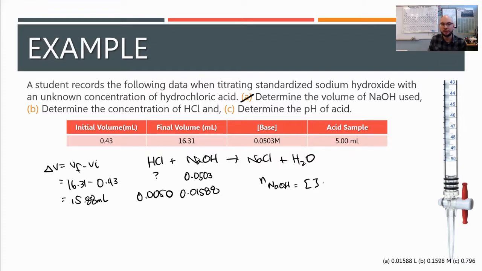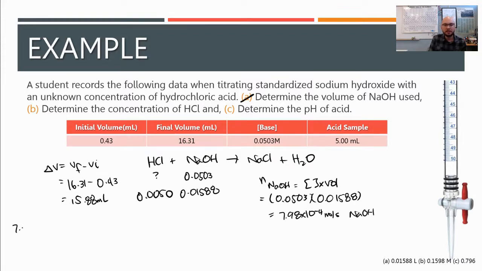So n of NaOH is equal to the concentration times the volume, which is going to be 0.0503 times 0.01588, which is going to give us a really small number. We get 7.98 times 10 to the negative 4. So 7.98 times 10 to the negative 4 moles of NaOH.